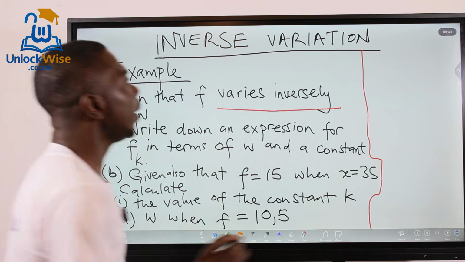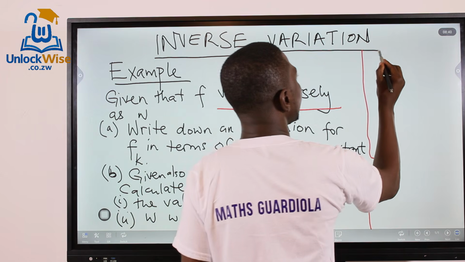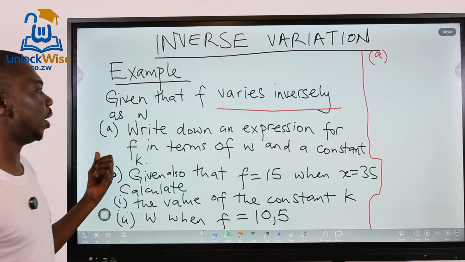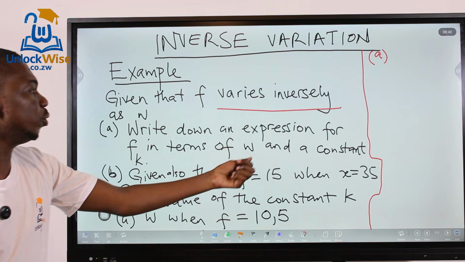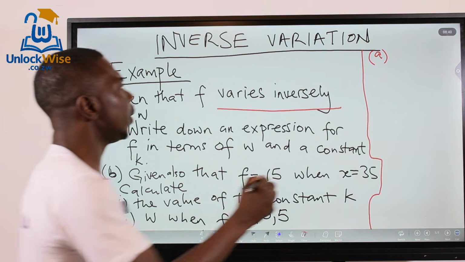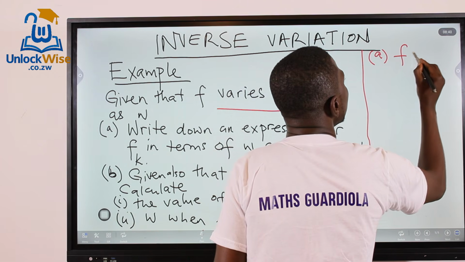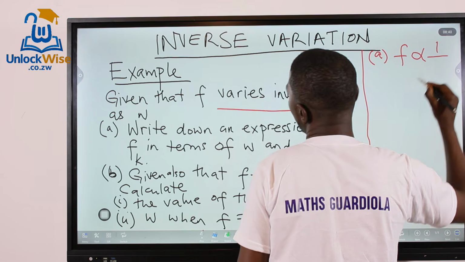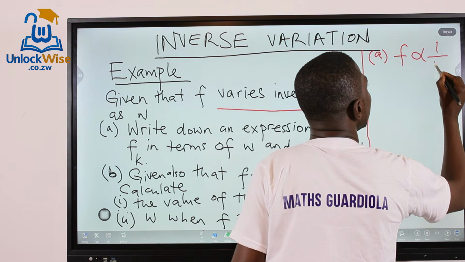So we are going to write down an expression for f in terms of w and a constant k. We are going to have f varies as 1 over w.